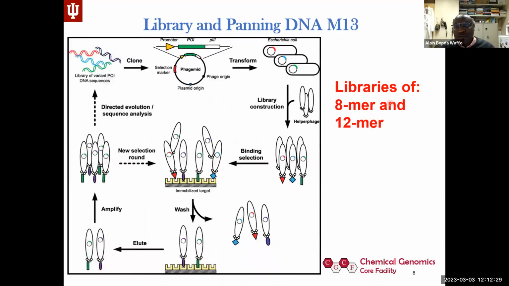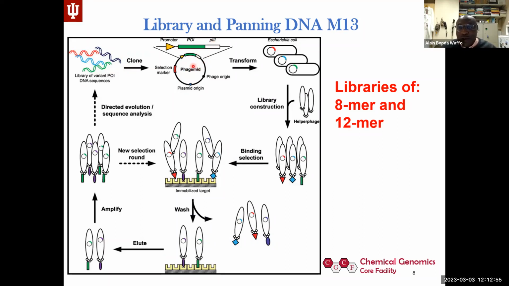So I'm just going to give you an idea, a heads up of what screening using an M13 and a Qβ library will mean. So the library was designed and constructed in a plasmid vector containing a portion of the phage with the minor structural gene.